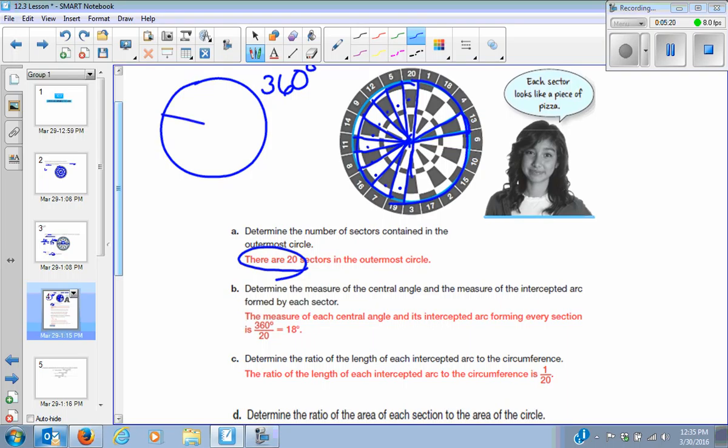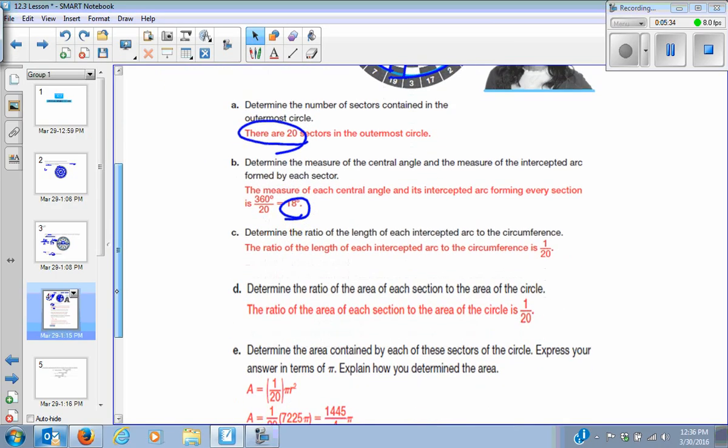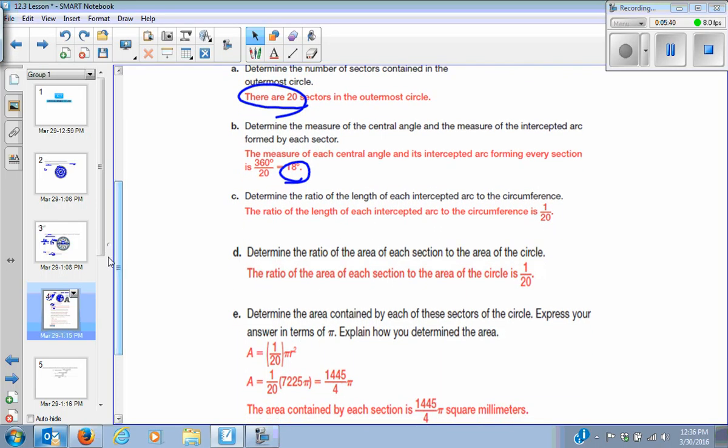And we are dividing that up 20 times, so I'm dividing that by 20. And that's how they got the 18 degrees. And we know that since that's a central angle, the arc is also going to be exactly the same, so it's also going to be 18. Determine the ratio of the lengths of the intercepted arc and their circumference.